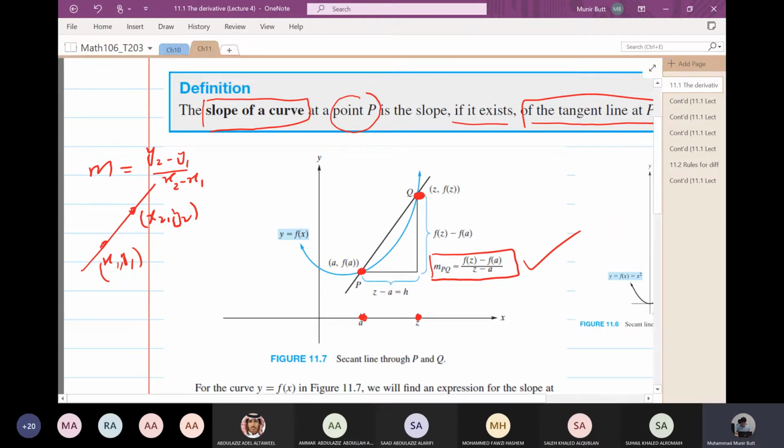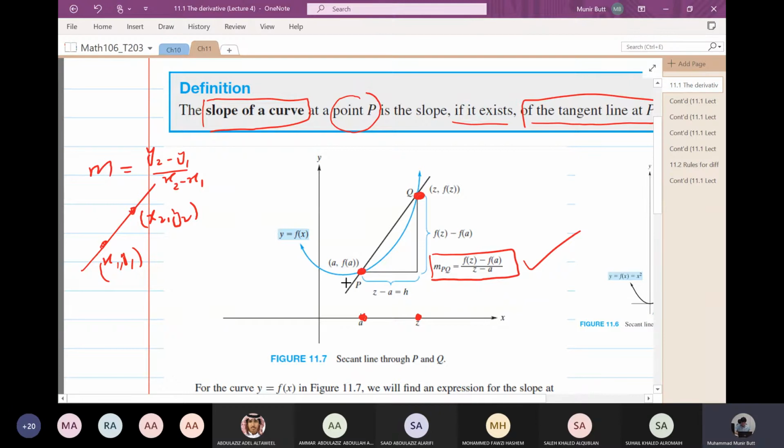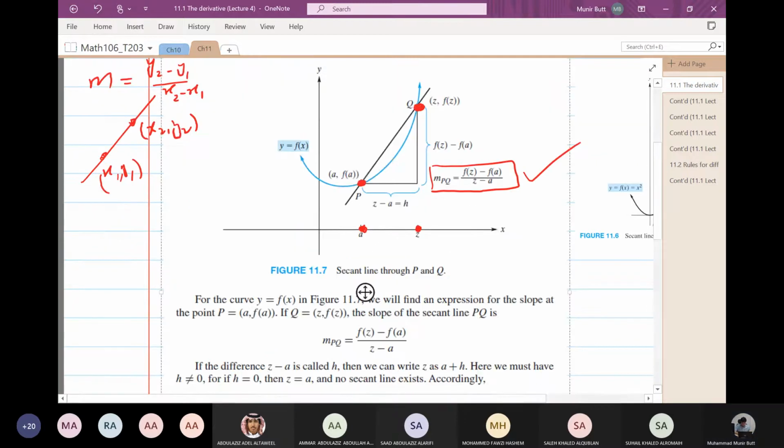Now we have to be very careful. For example, from this point we draw another line like this, and now you see we are here. Now we draw another line from here, and now we are here.